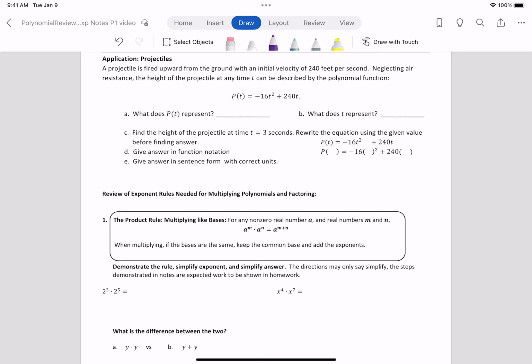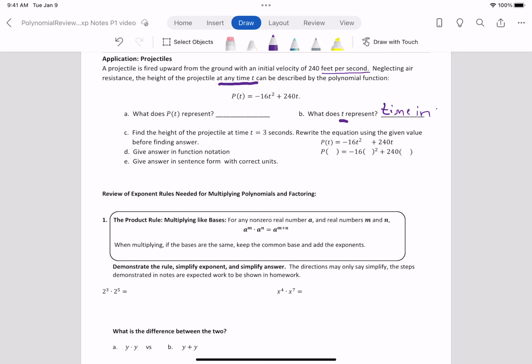So in this case, the two things that we need to identify: what does p of t represent and what does t represent? Well, the t is probably the easier of the two, right? You see up in the problem it says at any time t. So t represents time. And notice that the velocity up here is given in feet per second.